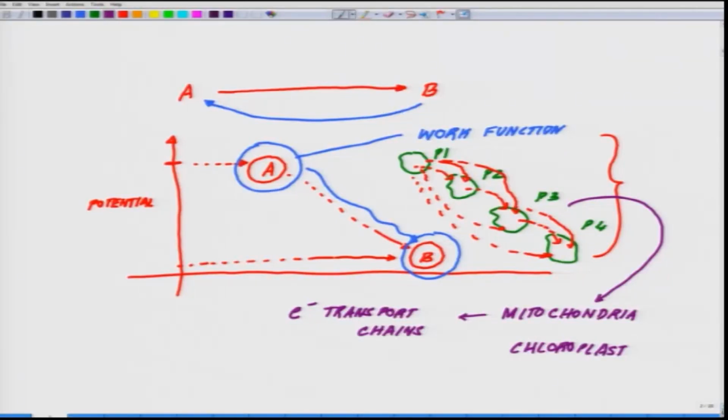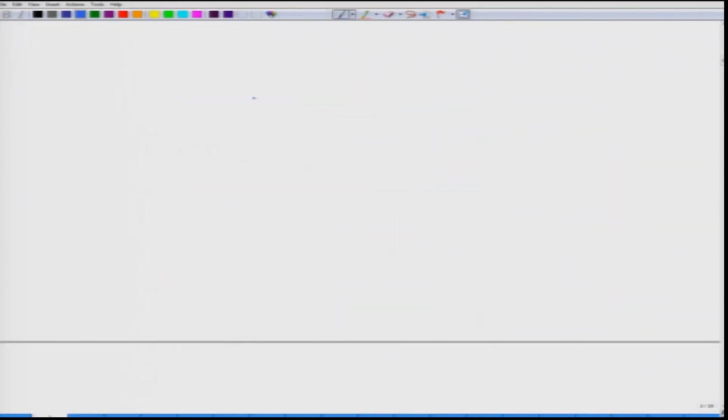Now, when we talk about flow of charges, now comes the next concept. Conceptually, there are two processes which happen in nature. One process is called oxidation, the other process is called reduction.